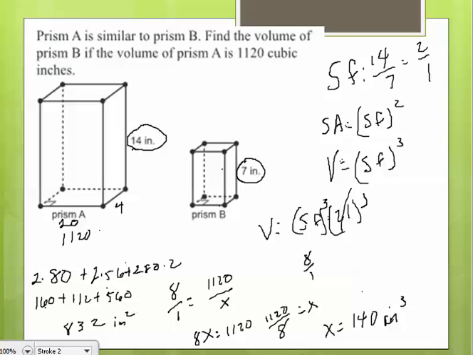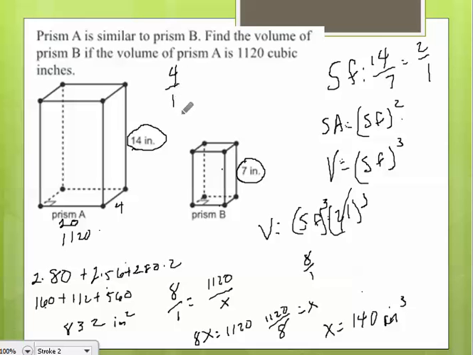Now, do I have to go through the same process on prism B over here? No, because with surface area, remember, if I square the scale factor, I'll find the area ratio. My scale factor was 2 to 1. If I square that, I get 4 to 1, right? So I'm going to take this number here, 4 over 1.